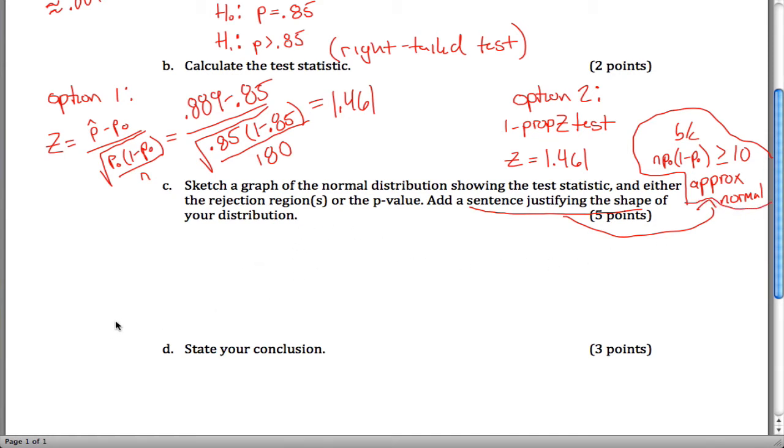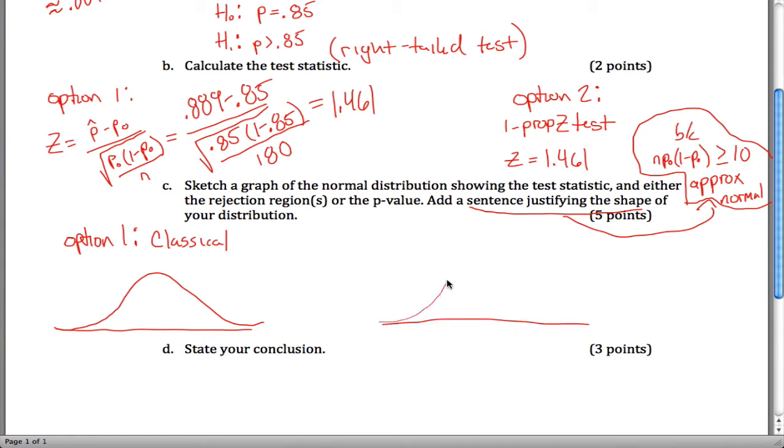And then we can sketch our picture. Option 1 is if you're doing classical. If you do it the classical way, we have our distribution here, and you want to come up with your rejection region.